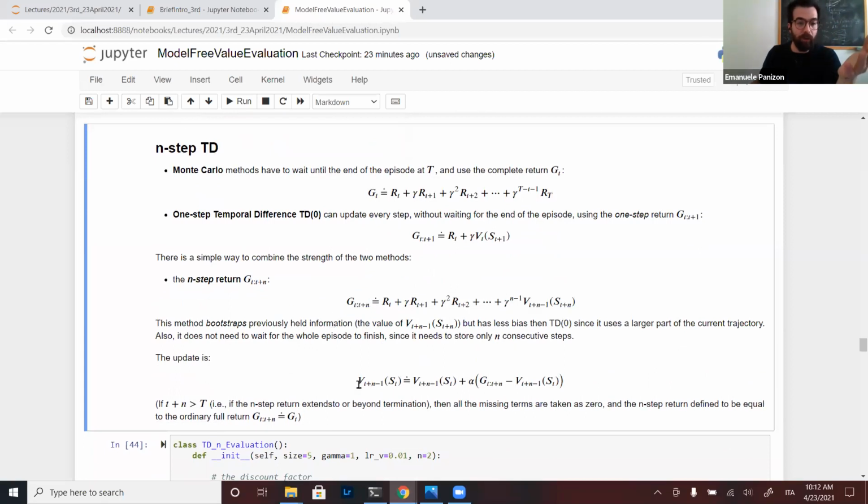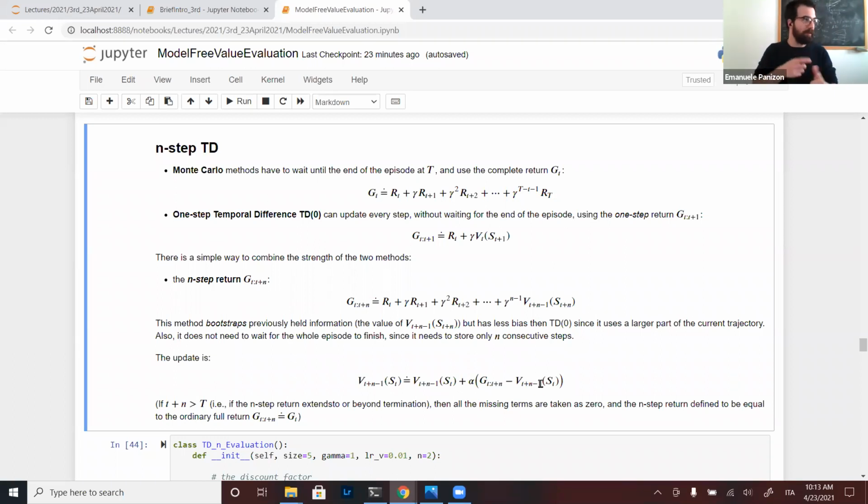Okay, so as before, my new value is going to be my old value plus this learning rate times the return I just experienced, minus the value I had. So the entirety of this class of algorithms essentially says, what is my approximation of the value?